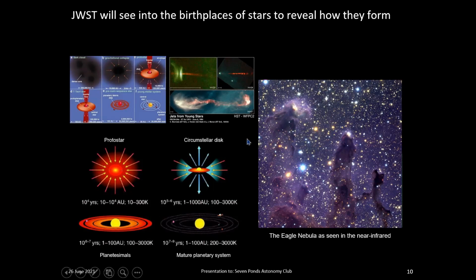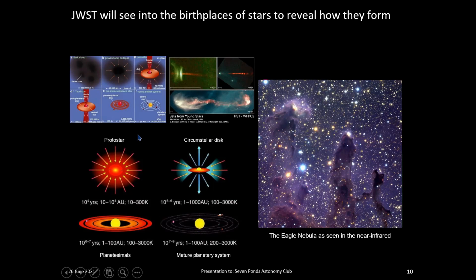Now, when stars are formed, we find that they are typically surrounded by disks of material, circumstellar disks, as they're called. This is material that is literally left over from the star formation, and it forms this disk-like structure.